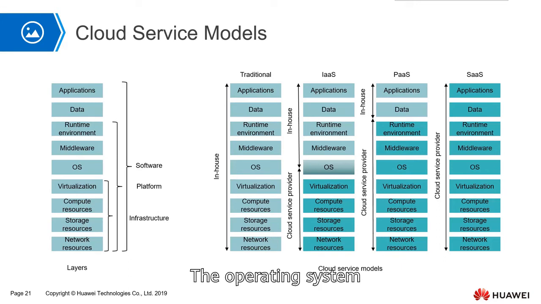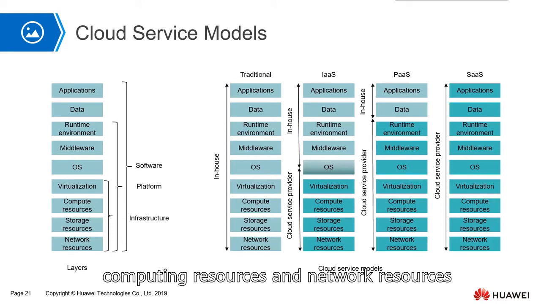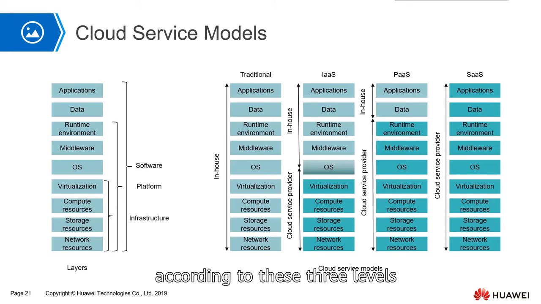The operating system, middleware, and operating environment, as well as the underlying hardware, are storage resources, computing resources, and network resources. Therefore, according to these three levels, we divide the service model of cloud computing into three types. One is IaaS, one is PaaS, and one is SaaS.